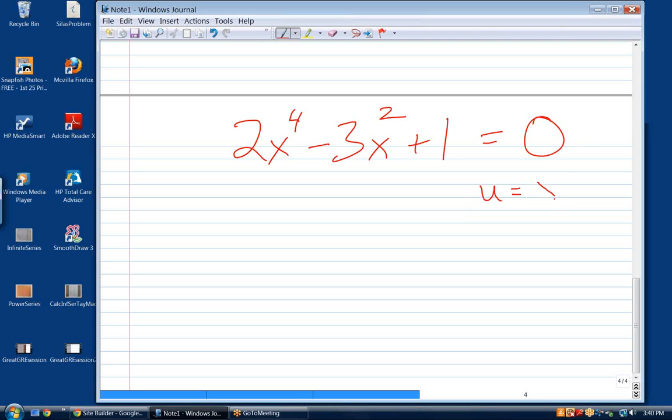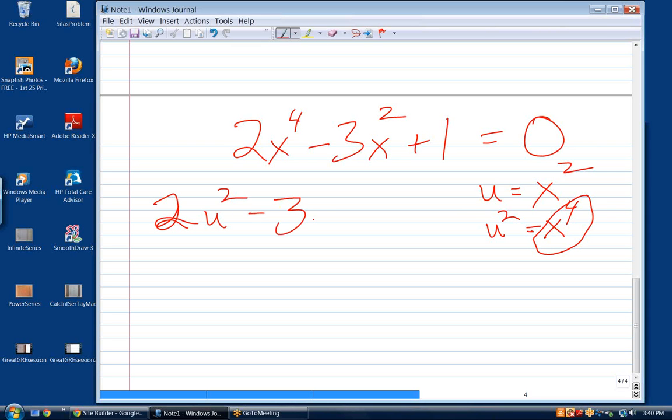X squared. Okay, now let's rewrite the thing as a quadratic in u. So 2u squared. Notice that if we want to know what u squared is, square both sides. So now x to the fourth is u squared.